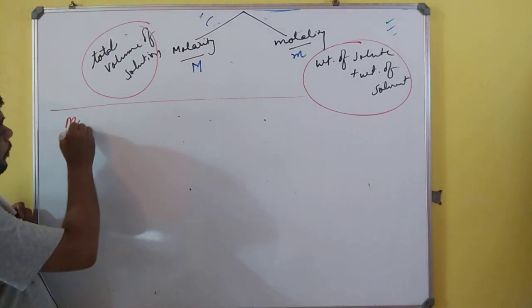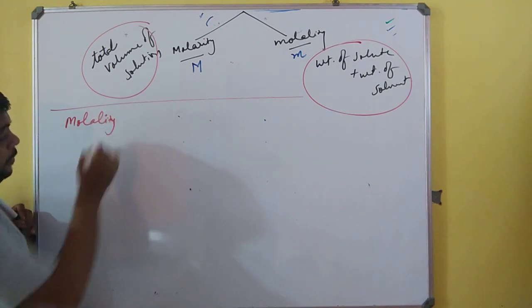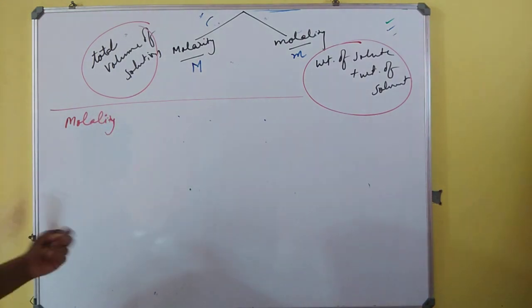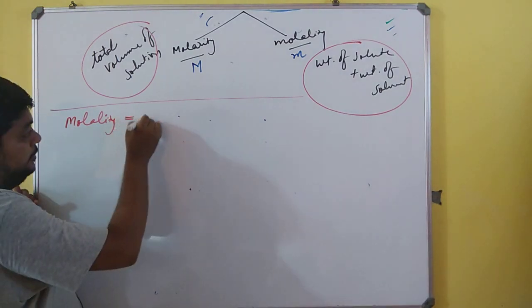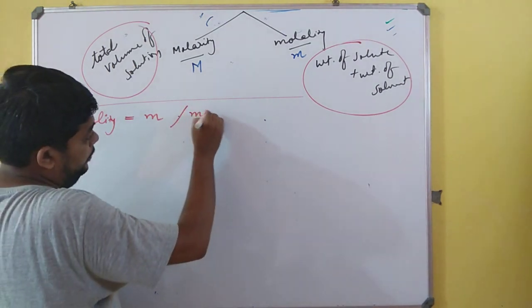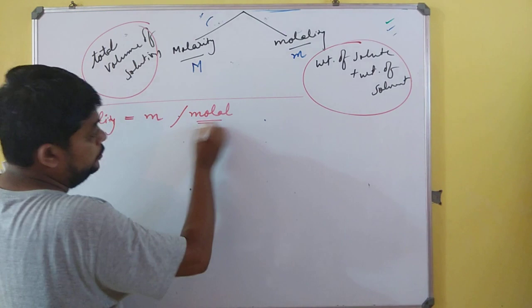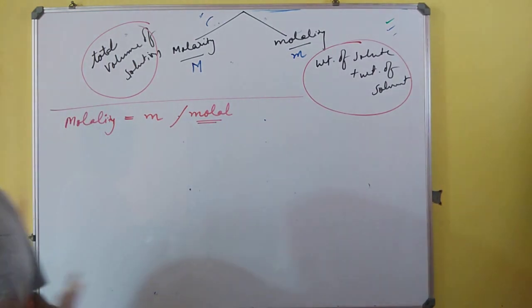Molality is rather a concept, how you define a concentration term with the symbol small m, and it is popularly known as molal solution, 10 molal solution. This is how it works.